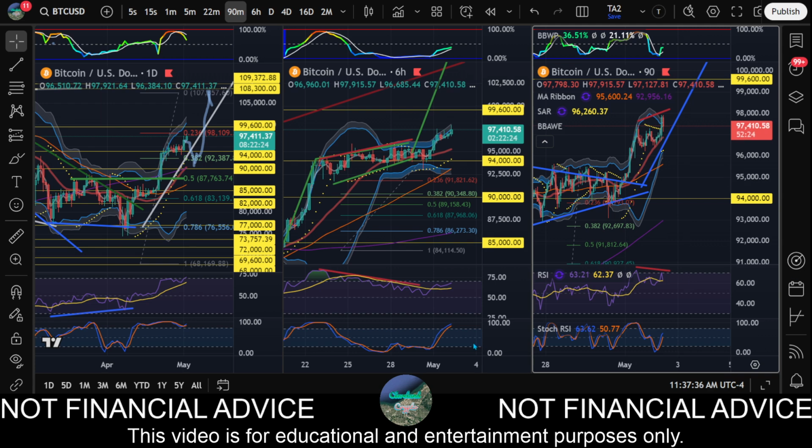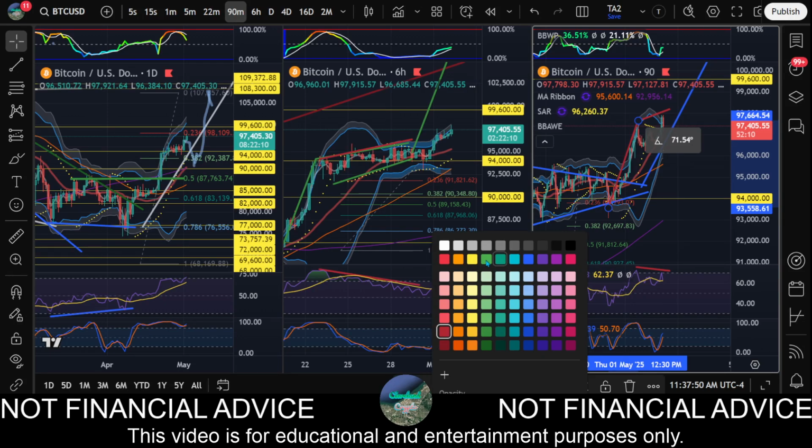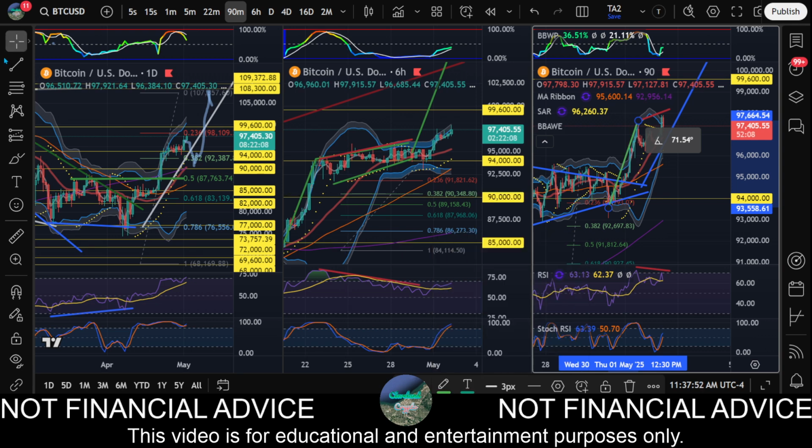How far down? Well, we did form this other bull flag here. So let's draw out this bull flag. We'll draw it out in green. Let me switch that color again. So now in green, bull flag.